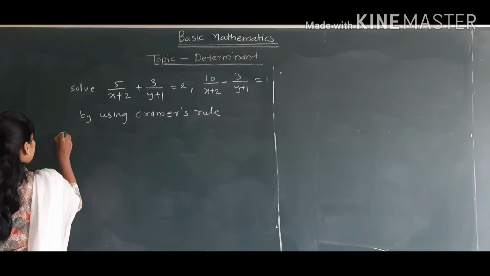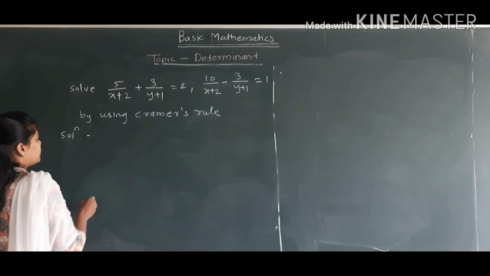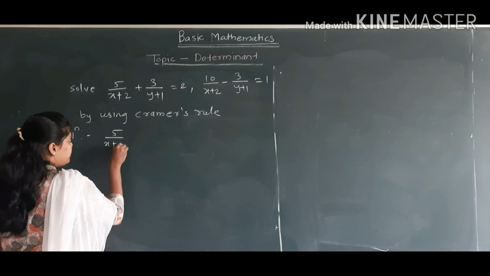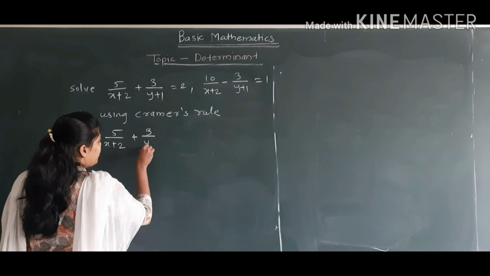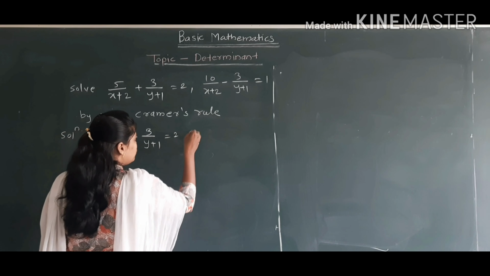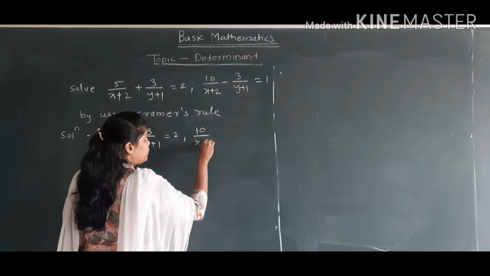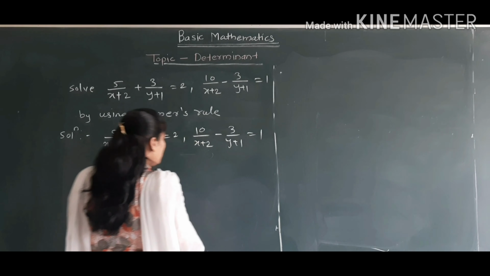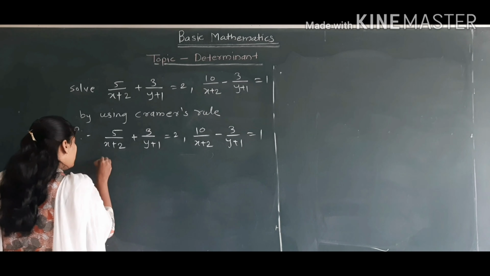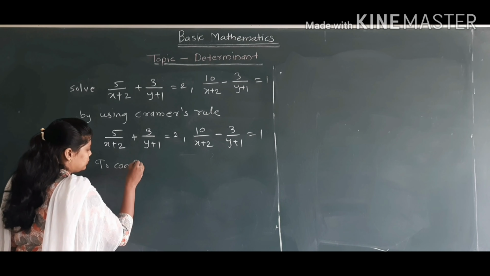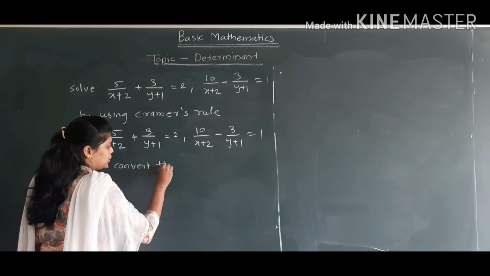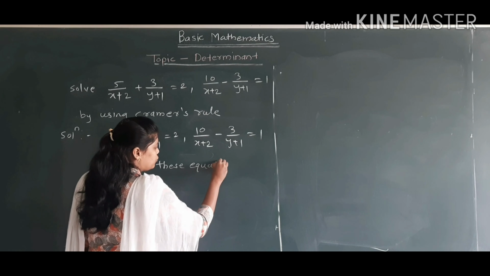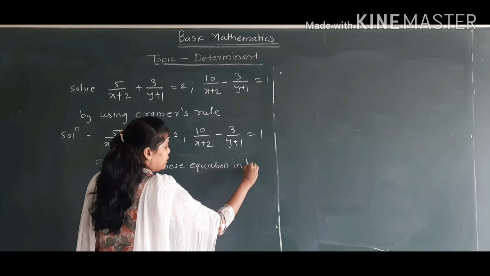Solution. Given the equations 5 upon x plus 2 plus 3 upon y plus 1 is equal to 2, and 10 upon x plus 2 minus 3 upon y plus 1 is equal to 1. First, convert these equations into linear form.